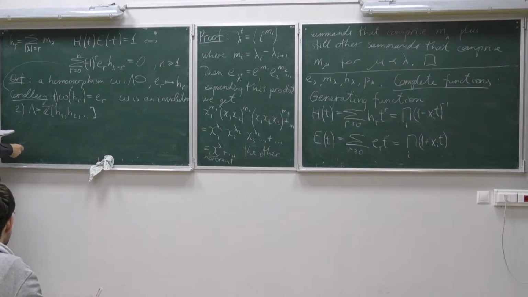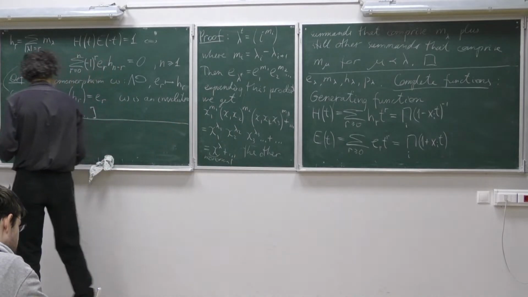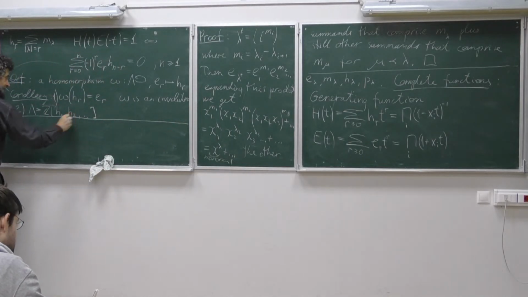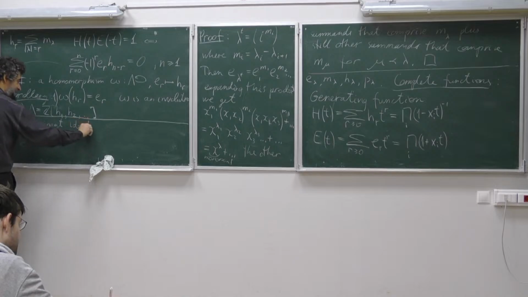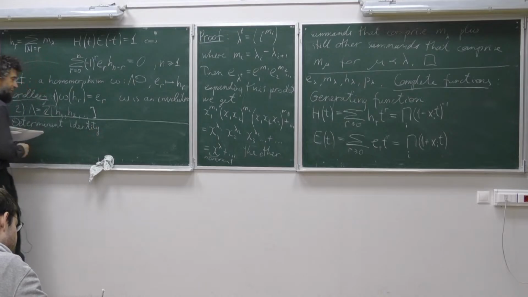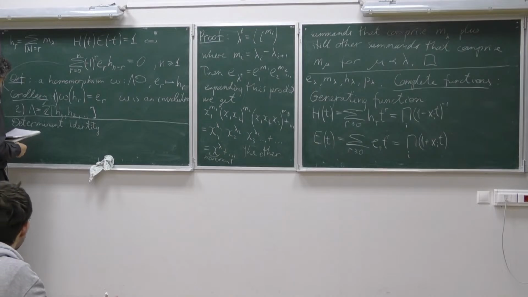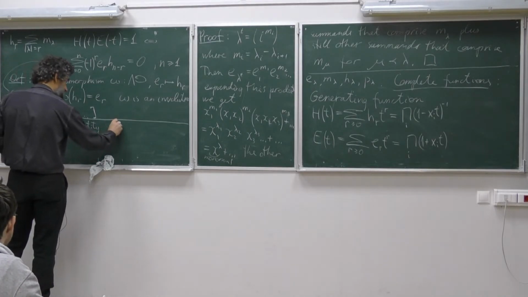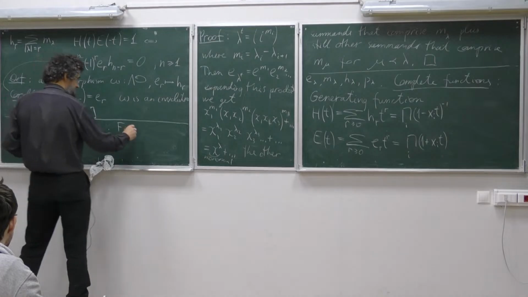Okay, and now let us prove some horrible determinantal identity. But it will prove very useful later on, in particular for characters of symmetric groups. So we fix some n.